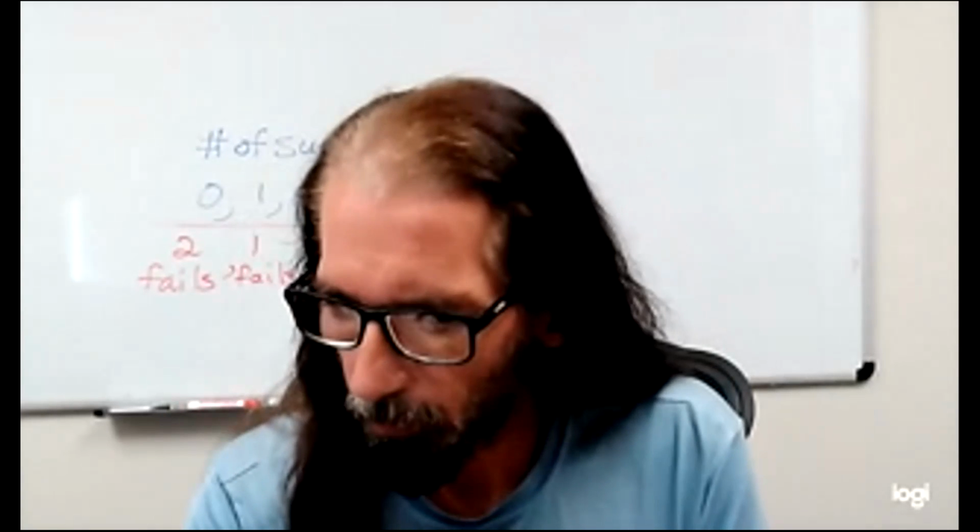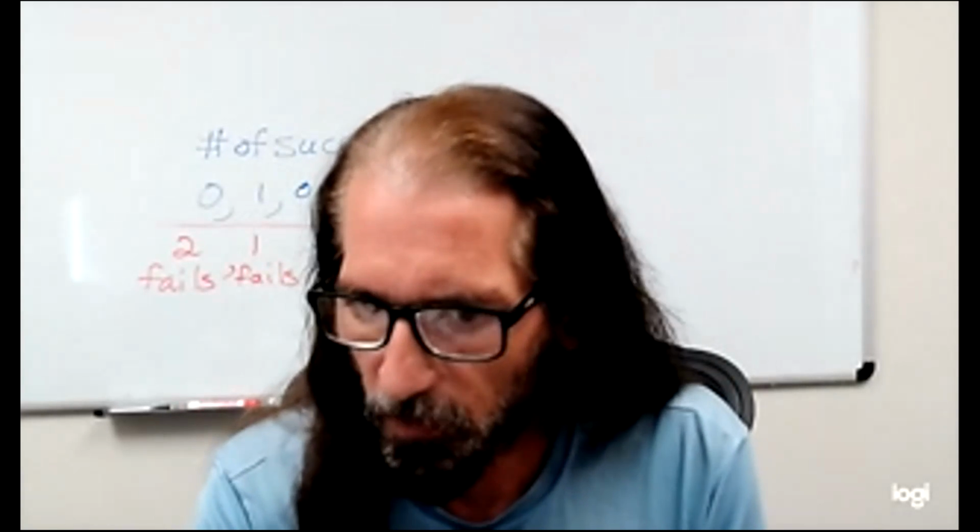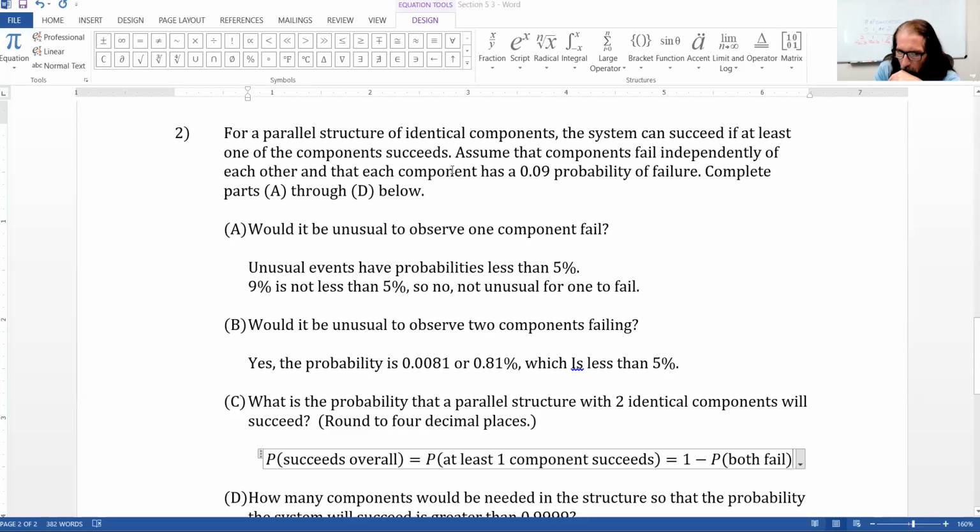So, looking back at the information and the question again, remember we were told right at the beginning, the system succeeding would be if at least one succeeds, and at least one succeeding would mean we could rephrase that as 1 or 2, which we could then rephrase again, saying the event is not having 0 succeeding, not having both failing.